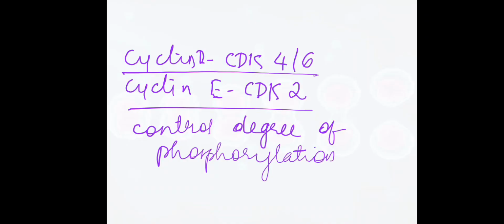This type of phosphorylation is dependent on cyclin D CDK 4 and 6, and cyclin E CDK2 activity.